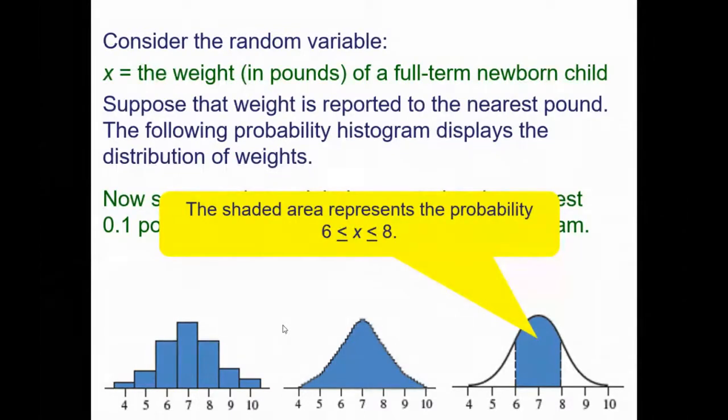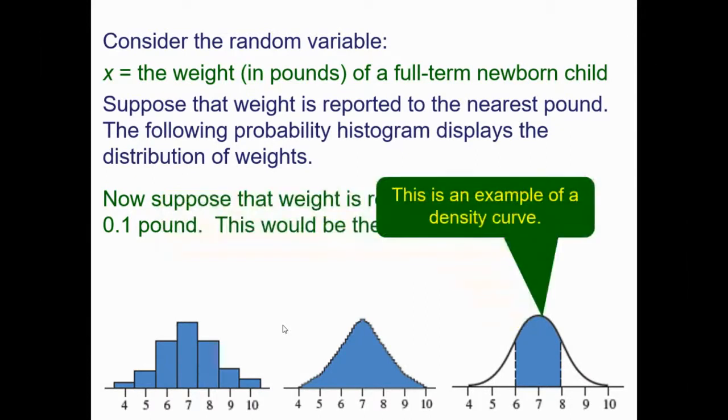This shading here represents the probability that our weight is between 6 and 8. This last one is an example of a density curve. That's a density curve.